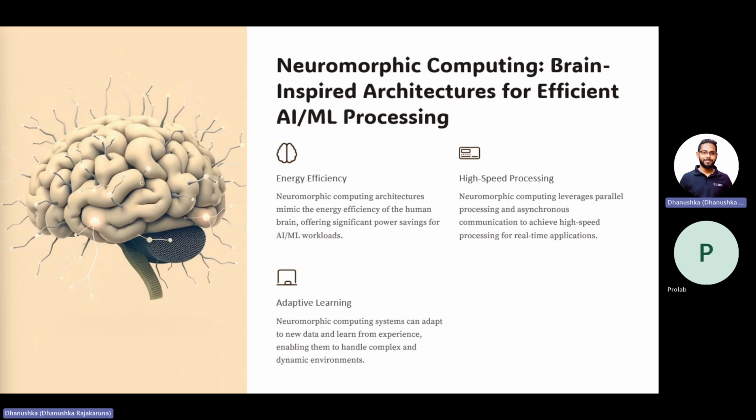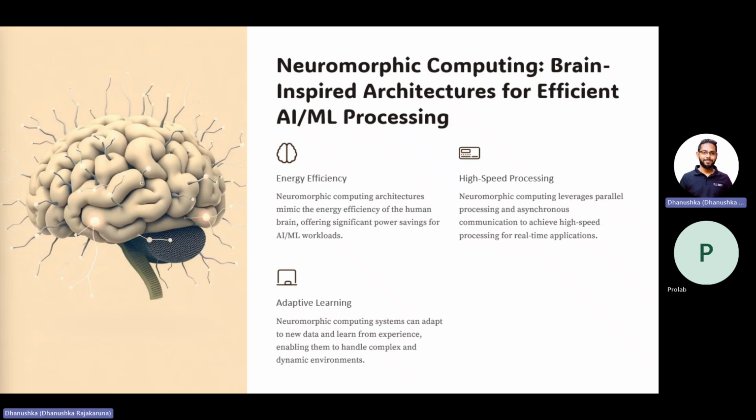This emerging paradigm is particularly promising for advancing artificial intelligence and machine learning, enabling real-time processing, energy efficiency, and adaptability.